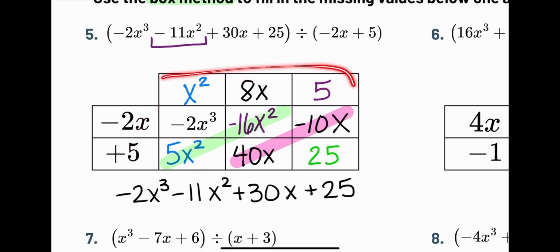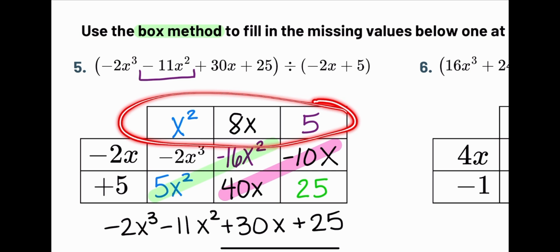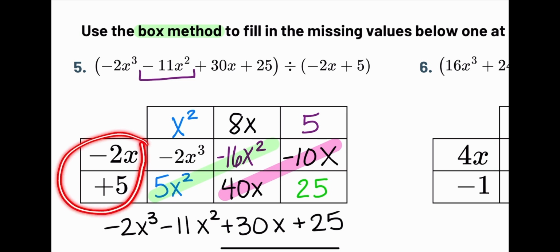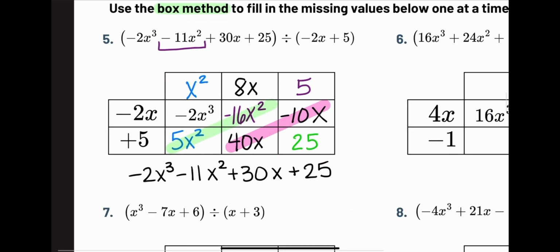So think of the box method. The box method is used to find missing values. Okay, originally, people who use box method know that we use it to multiply polynomials. So x squared plus 8x plus 5 times negative 2x plus 5 is equal to negative 2x third minus 11x squared plus 30x plus 25.